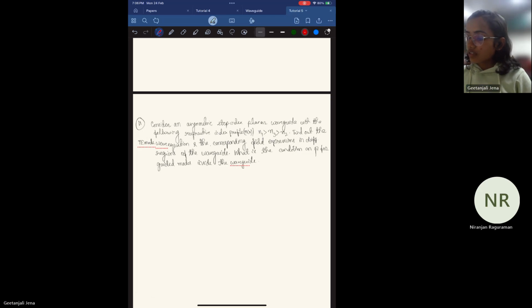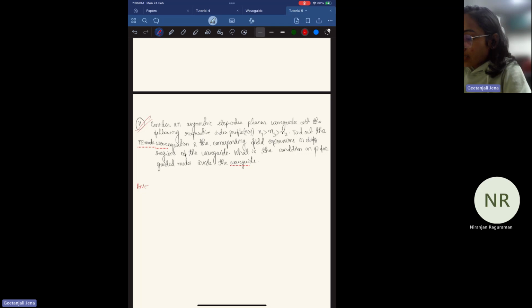Okay. So let us see question 11. It's based on a symmetric step index fiber, not fiber, waveguide. Okay.